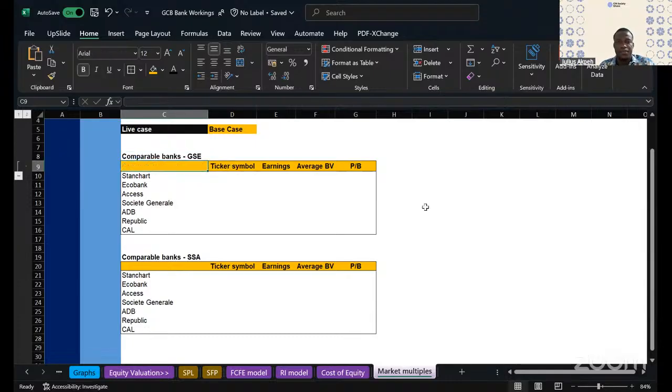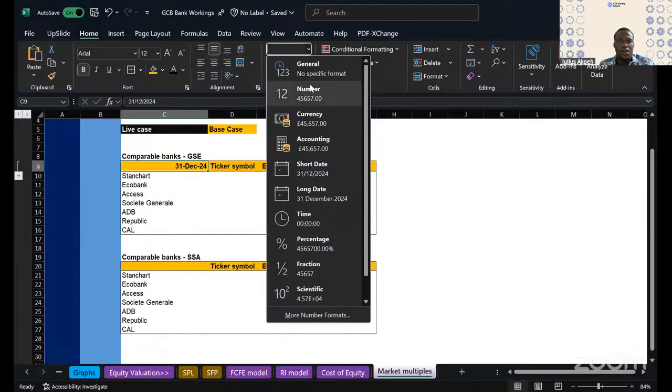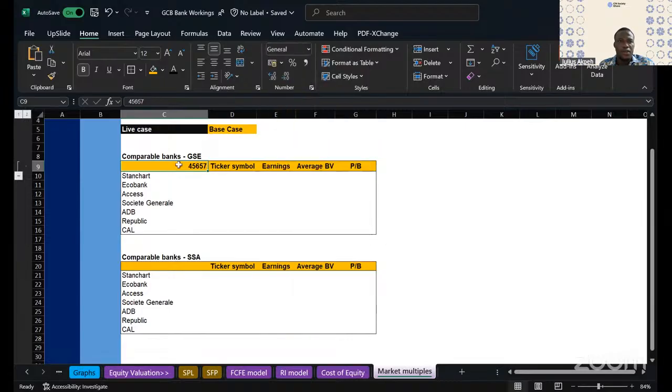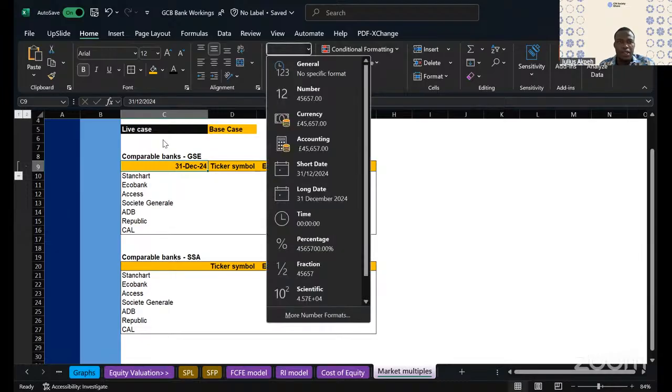Let me put this. Now I have a reason why. So this should be 31 December 2024. And it should be 31 December 2024. Oh, I think okay, so I need what to do.